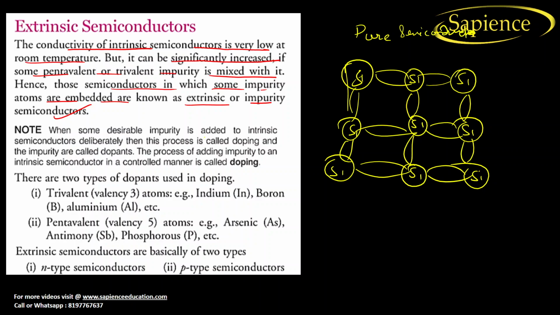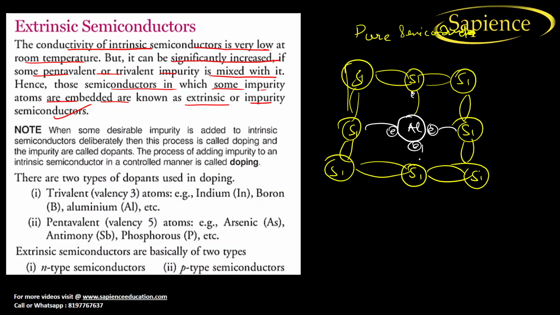Now I need to dope it. If you want to dope it, you need to remove the central or any one of the silicon atoms and replace it with a pentavalent or trivalent atom. So let us consider trivalent, say aluminum. Earlier, electrons were being shared, but as soon as aluminum comes, it has only three electrons: one, two, and three.